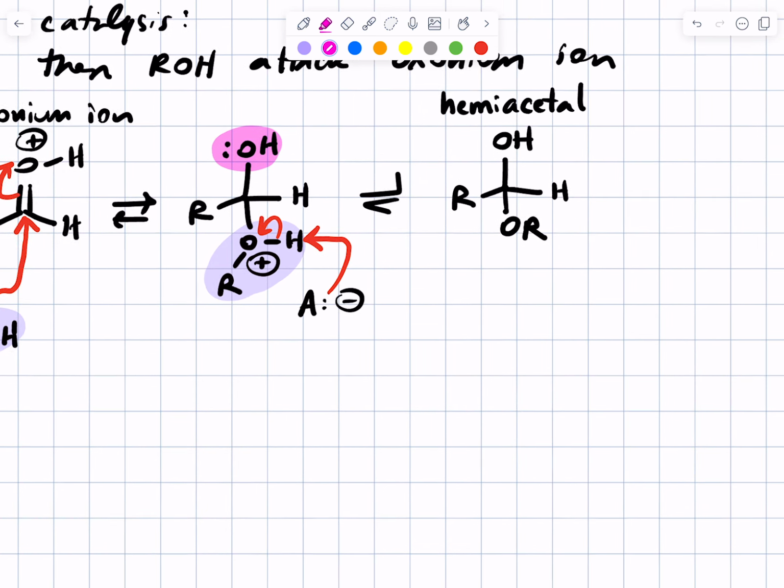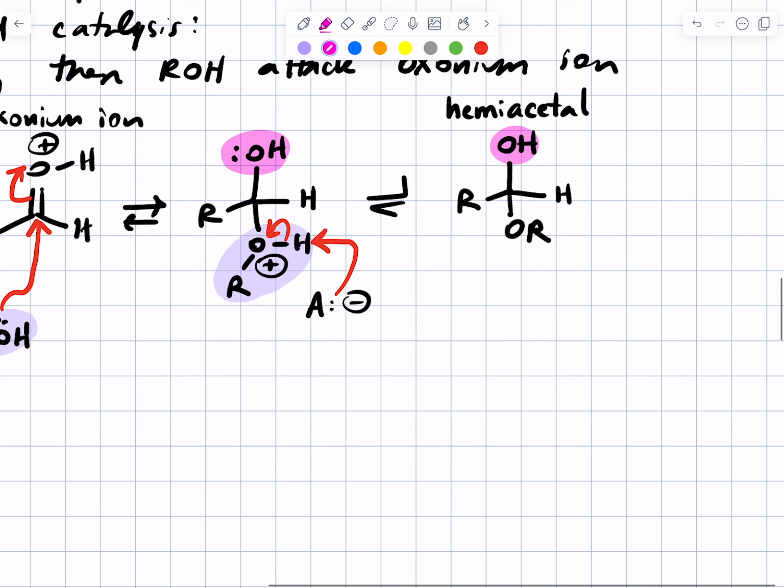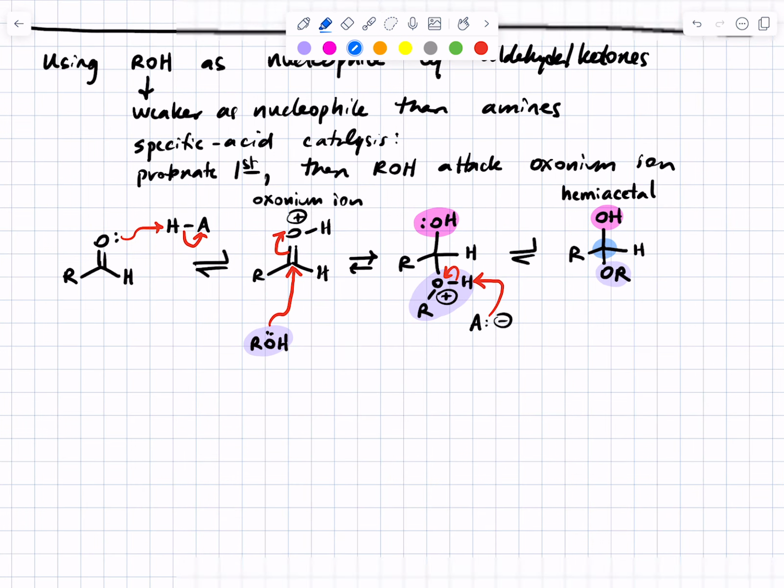you will recognize the hemiacetal because it's got an OH group and an OR group on the same carbon, the one that used to be the carbonyl carbon. So that's going to be kind of important to keep you oriented. Just as a hint, if you look at a hemiacetal, you can tell whether it came from an aldehyde or a ketone.